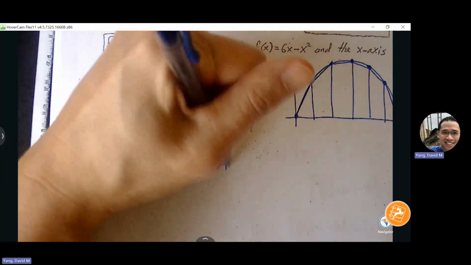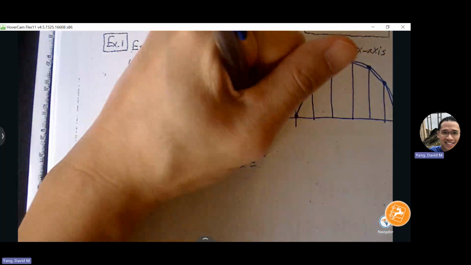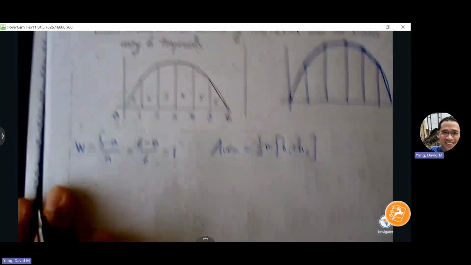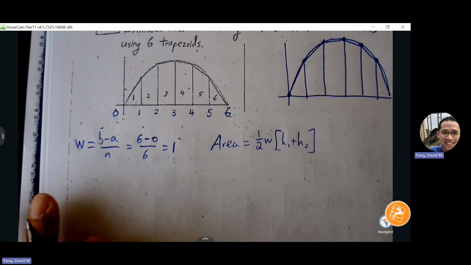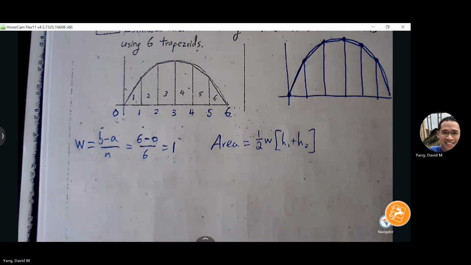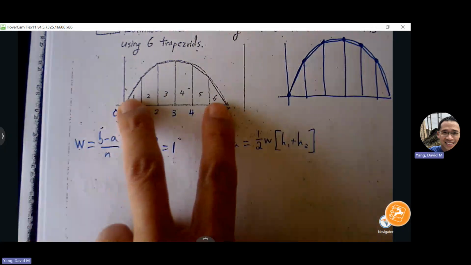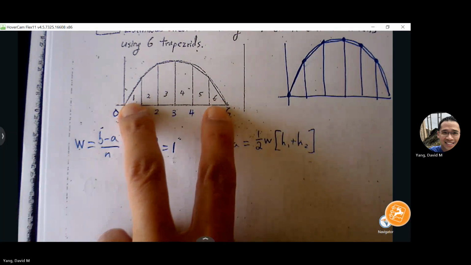And my area is simply going to be 1/2 width times height 1 plus height 2. Now, there are 6 trapezoids here, so we're going to have to do this 6 times, okay? Now, we see trapezoids here, but what do you see with 1 and 6 here?